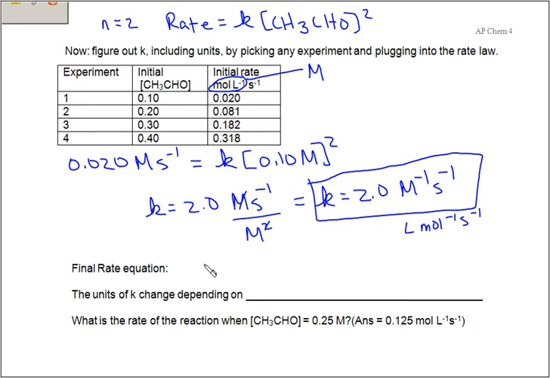So our final rate equation is rate equals 2.0 mole^-1 second^-1 times the concentration of our reactant squared.